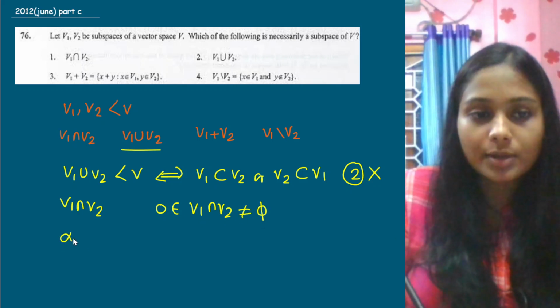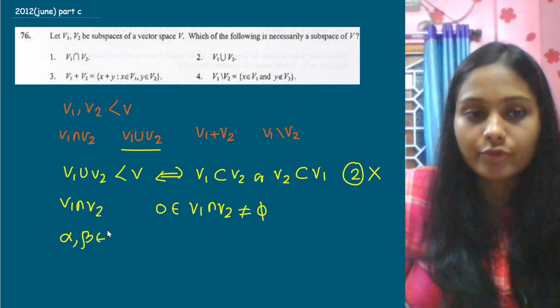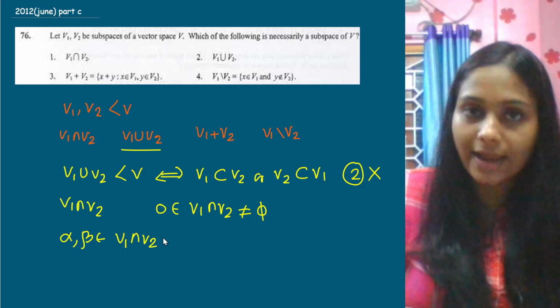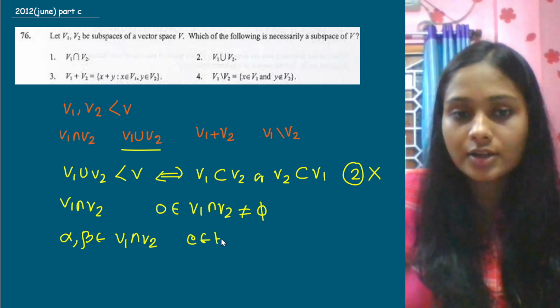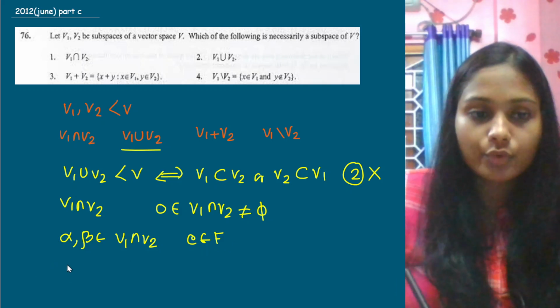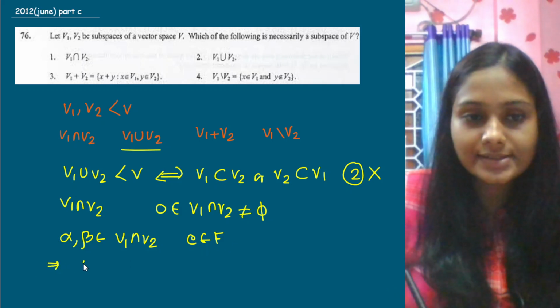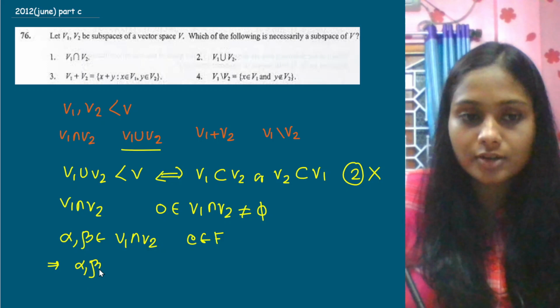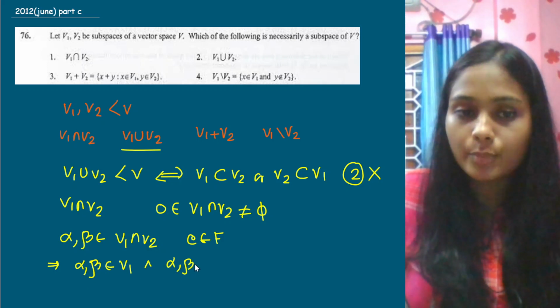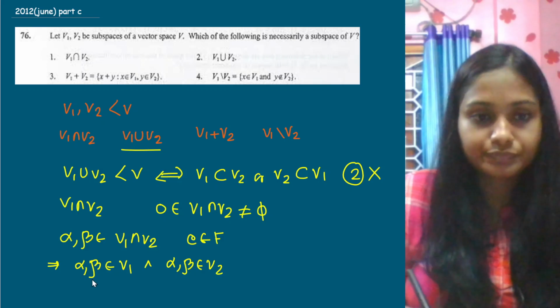Let us take two elements alpha, beta from V1 intersection V2 and C from the field F. So this implies alpha, beta belong to V1 and alpha, beta belong to V2.